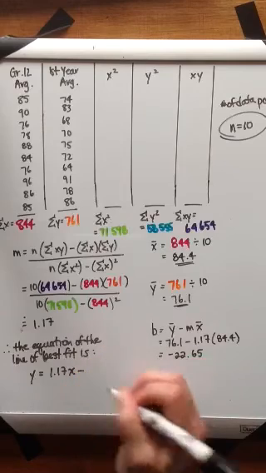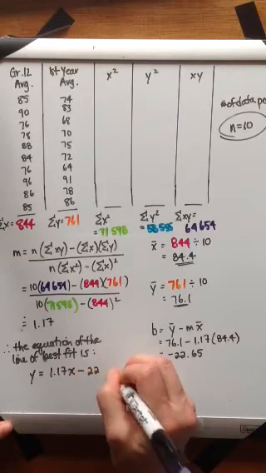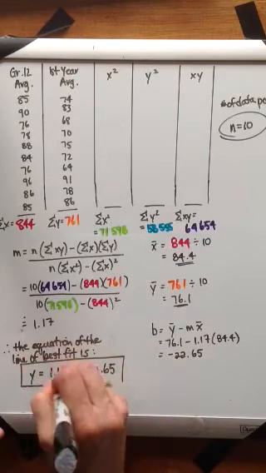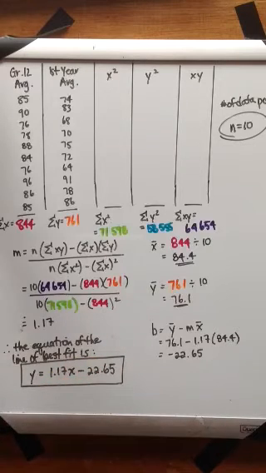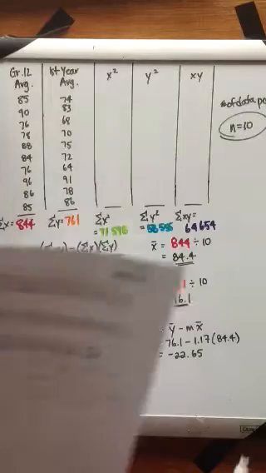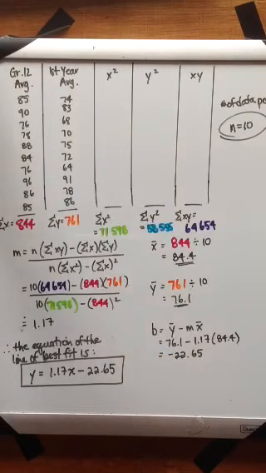Our b value is negative, so subtract 22.65. And that's a much better value than what we would get if we had gone back to our original graph, drawn in what we thought was the best line, and tried to estimate some points. This is a lot more accurate to more decimal places. In the next video, we'll look at how to do all this with our good friend, Desmos.